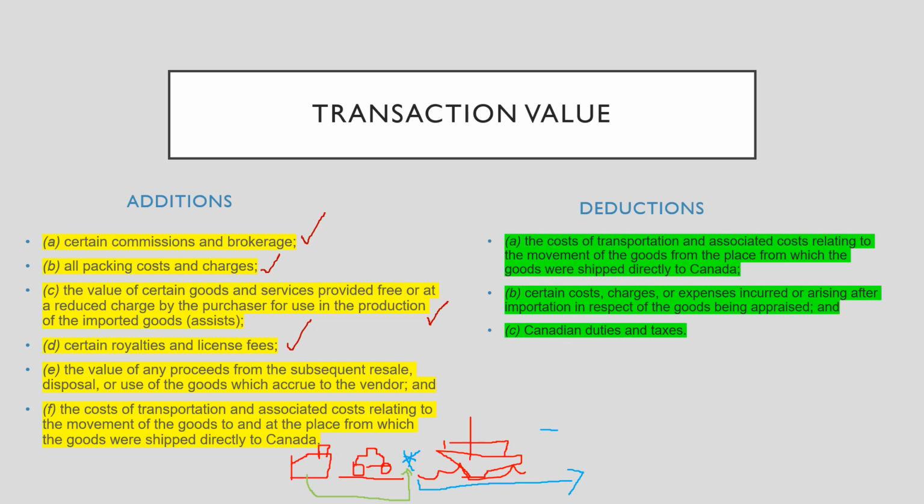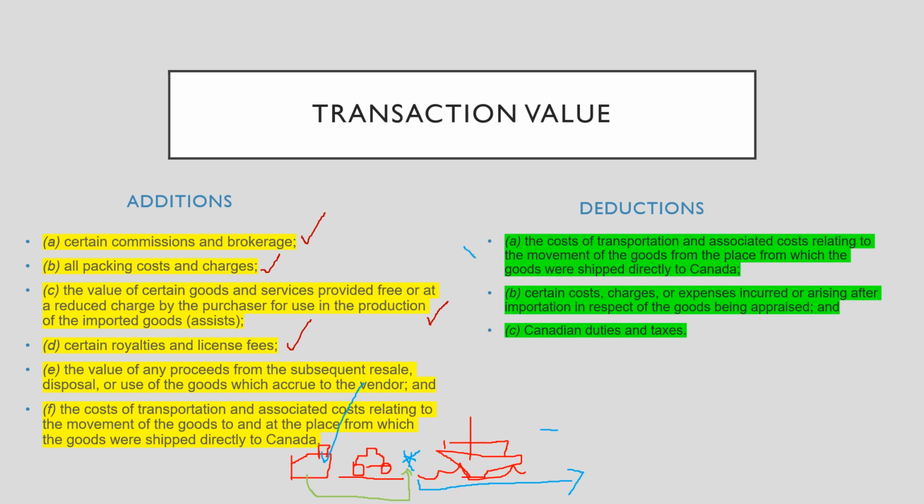I don't want you to get confused because, since it says transportation, one is deducted and the other one is added. It's mainly because of at what point of the movement of the goods you're going to be adding that transportation or deducting that freight cost.